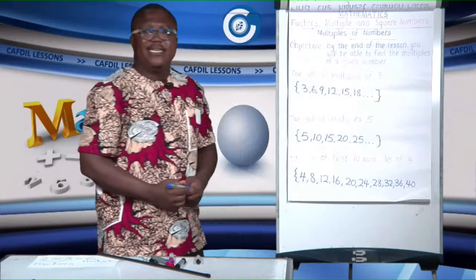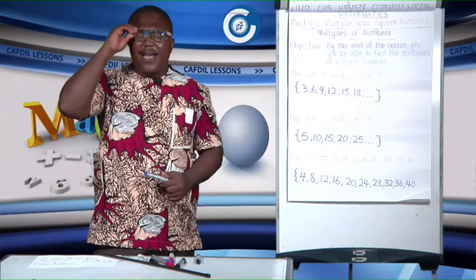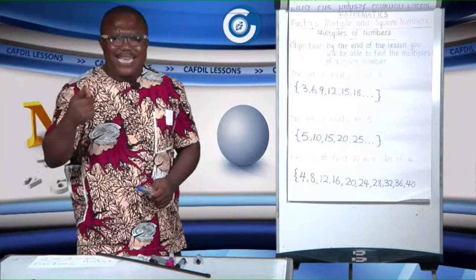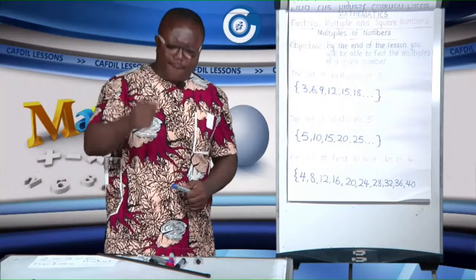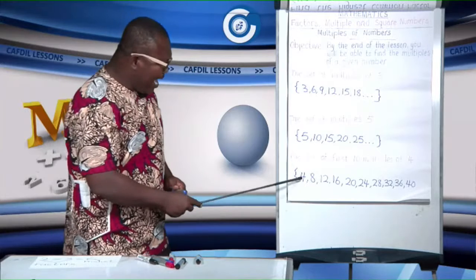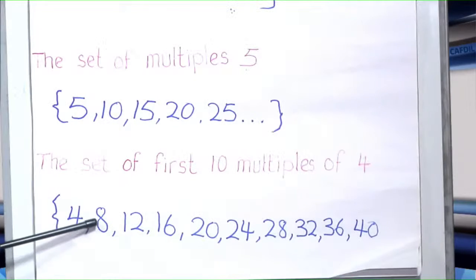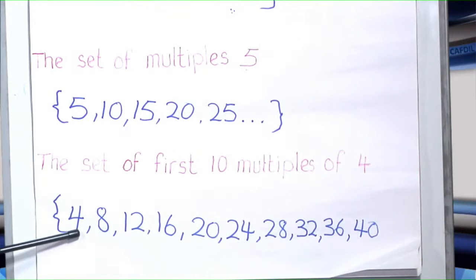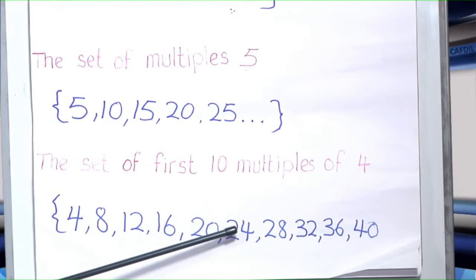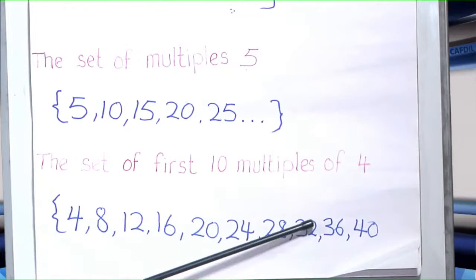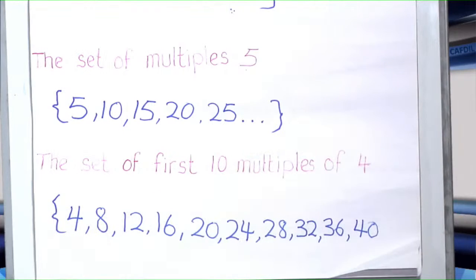Now, let me count and see if I've been able to get the set of first 10 multiples of 4. So this is the first one. 1, 2, 3, 4, 5, 6, 7, 8, 9, 10. Good.